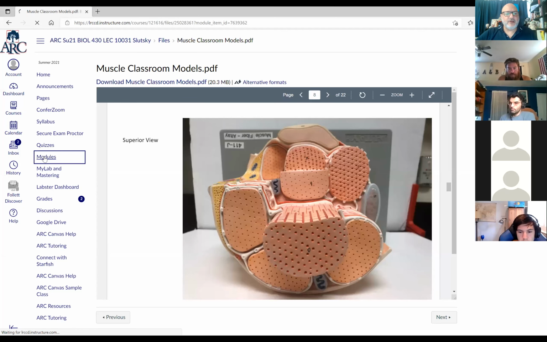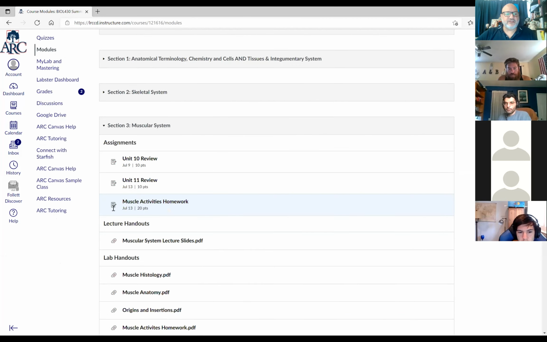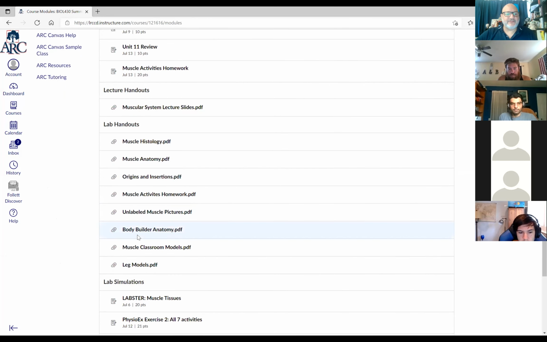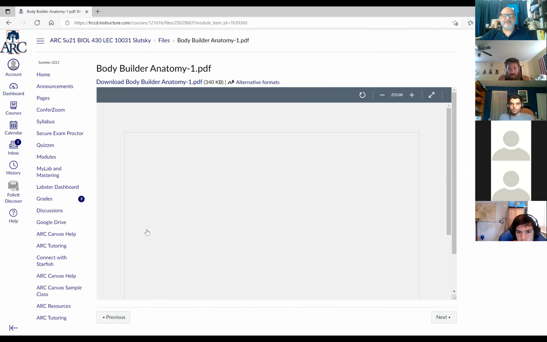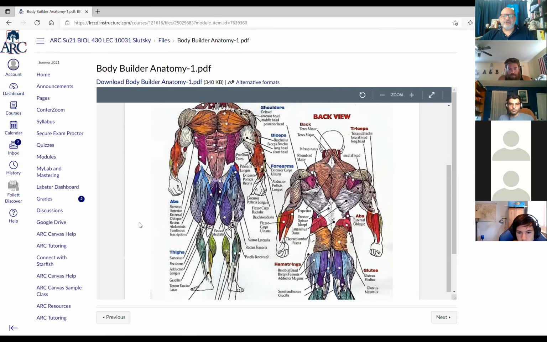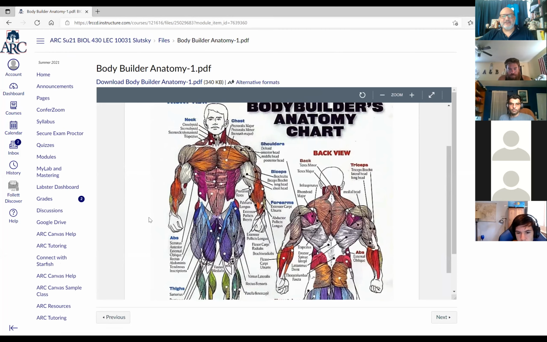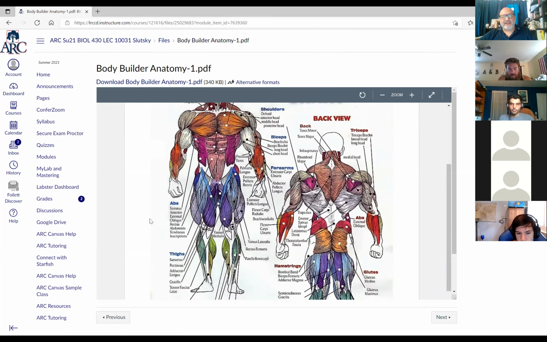if we go back to our Canvas site, as I'm sure you've already seen, when you look in your modules and you go down to the lab handouts, there happens to be a bodybuilder anatomy handout that does a nice job of showing you how these muscles expand and displace, allowing us to be able to recognize those.